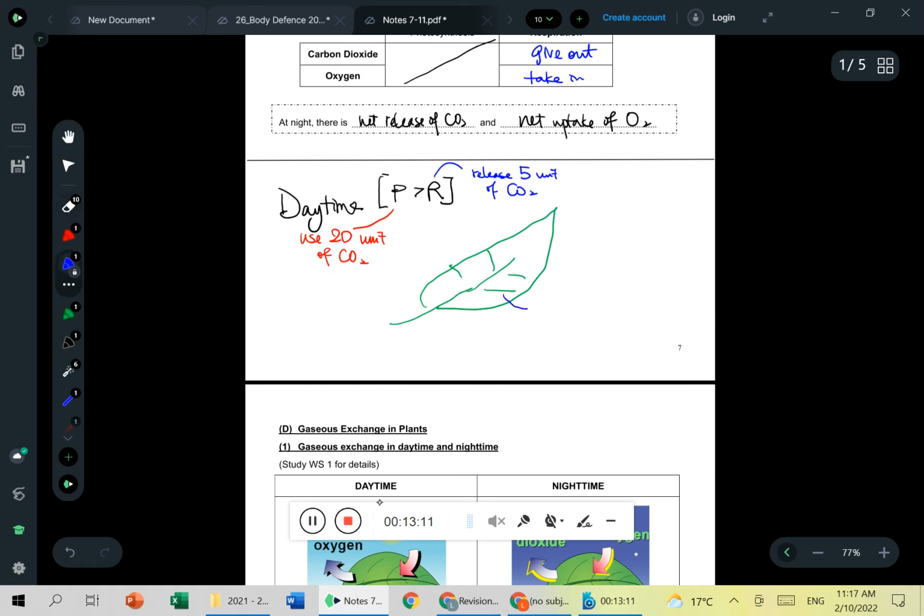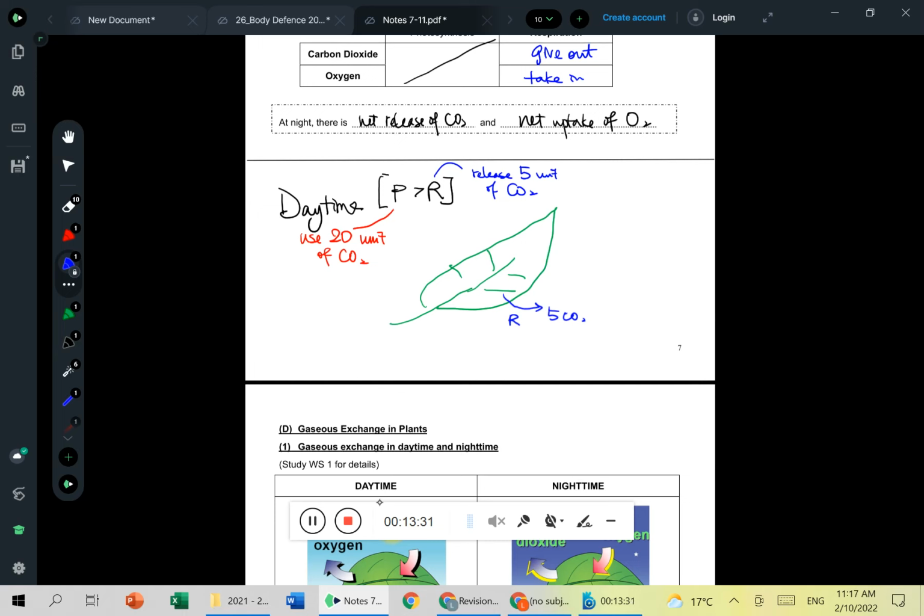Well, the respiration produces 5 units of CO2, right? But actually, they won't come out. If I think in a simpler way, why?